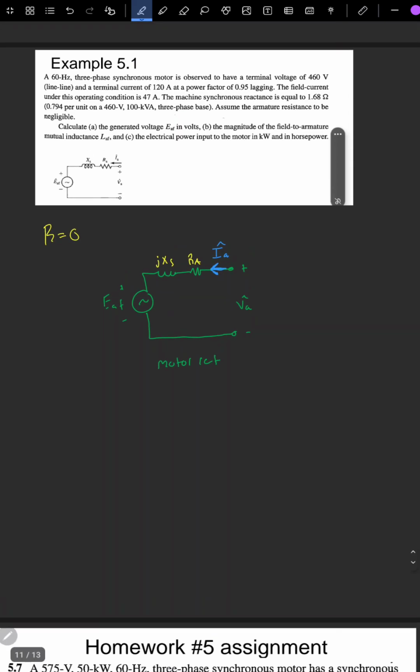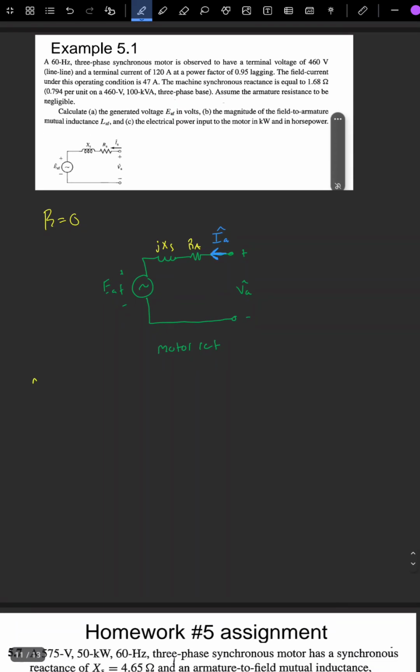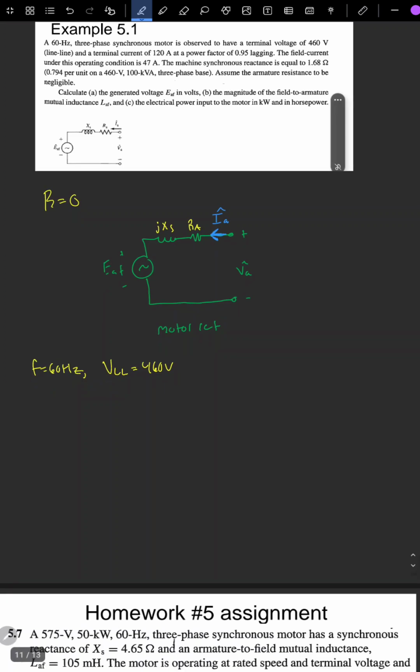So now that we know that, let's write down what we got. So we got F equals 60 hertz. We have that V line to line equals 460 volts. We have that the terminal current is 120 amps. That's going to mean IA is going to equal 120 amps.